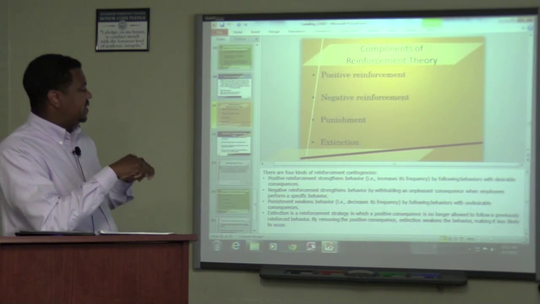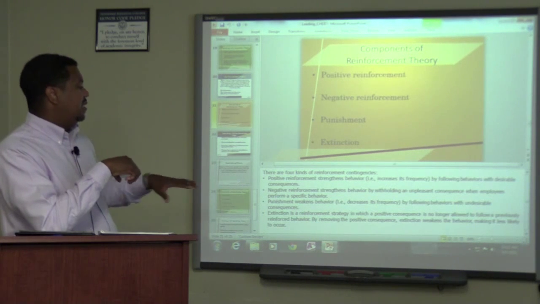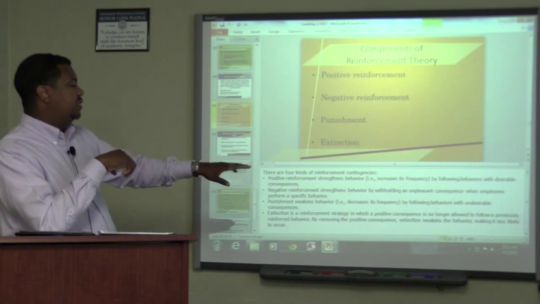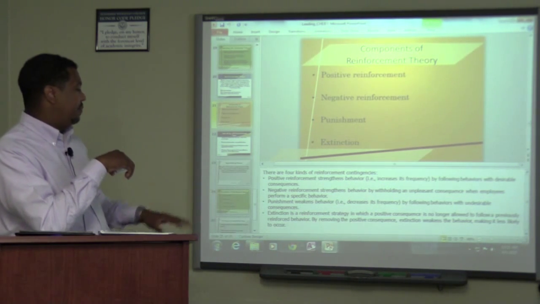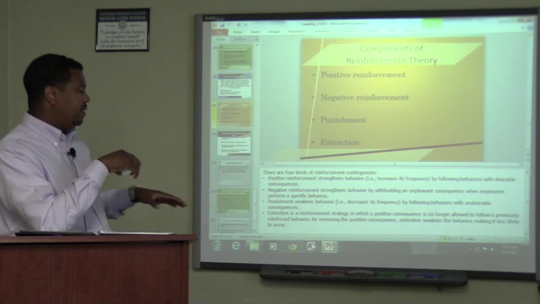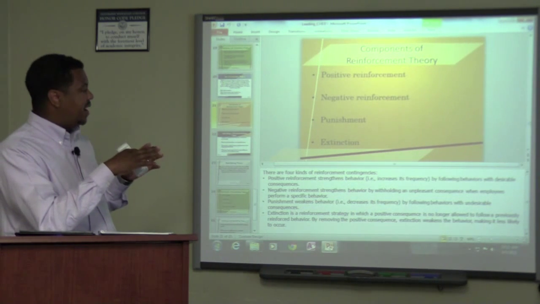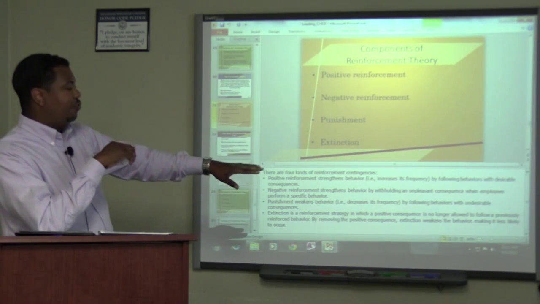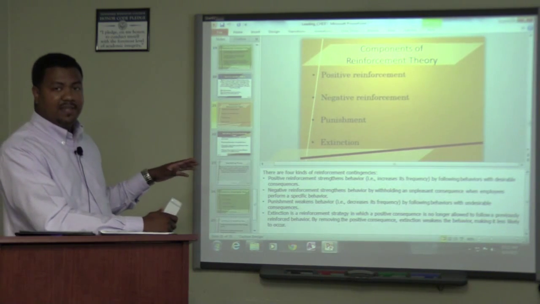And then we also see extinction, which is a reinforcement strategy that no longer allows for a previous reinforcement behavior. So you have identified what type of behavior you want in your organization, and extinction weakens that behavior and makes it less likely to occur.